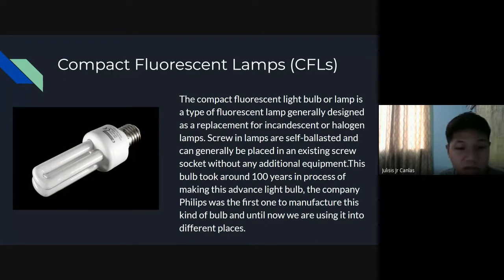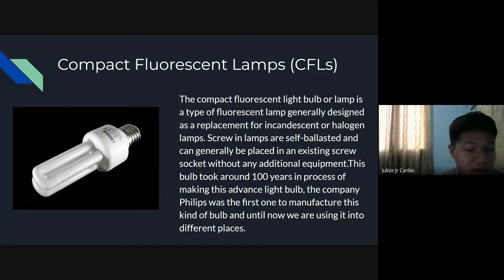This is what we usually use now and what we buy, like the brand of Philips and other big companies that produce mass manufactured bulbs. And screw-in lamps are self-ballasted and can generally be placed in an existing screw socket without any additional equipment.